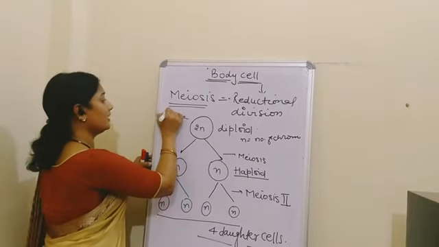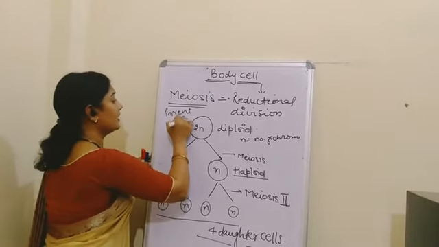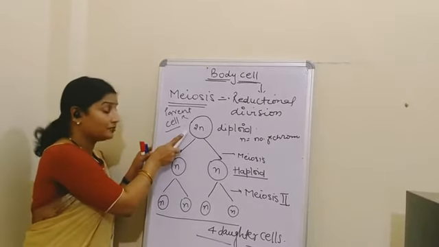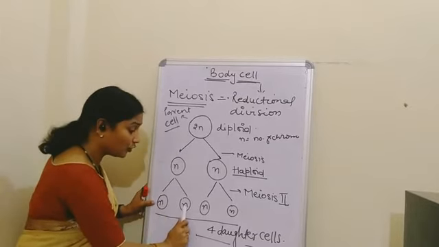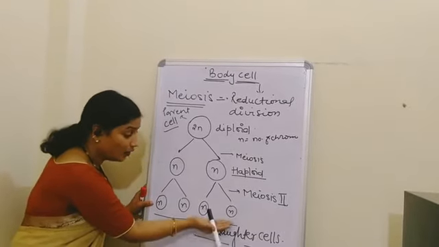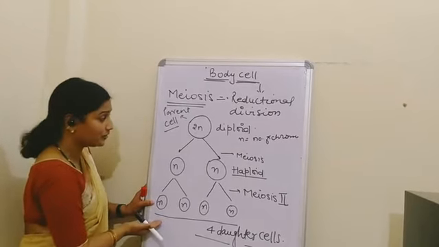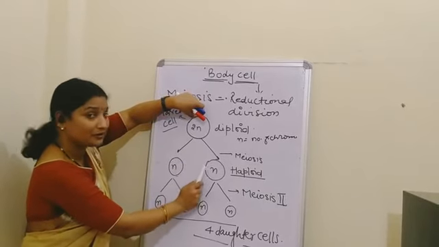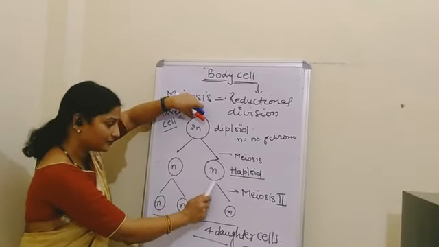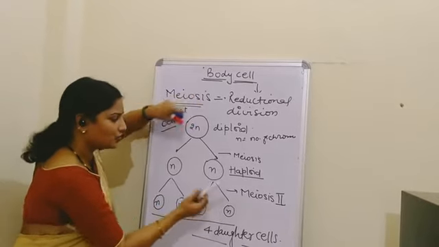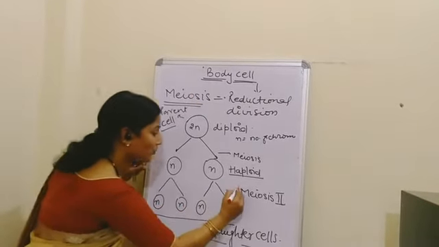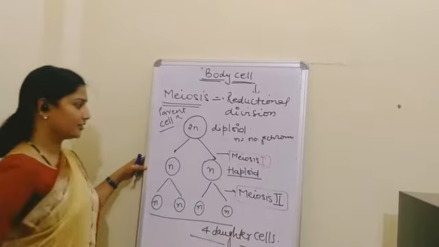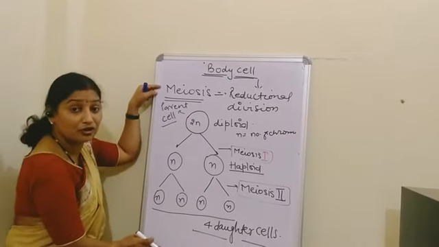It is a special type of division where one diploid parent gives 4 haploid daughter cells. How did we get the 4 haploid daughter cells? The diploid cell divides into 2, that is, the chromosome number has reduced to half, and after that one more division, called meiosis 2, and then we get these 4 daughter cells. This is the main basis of meiosis.